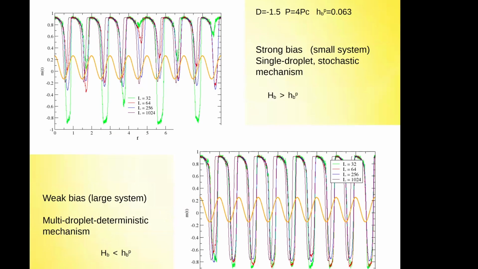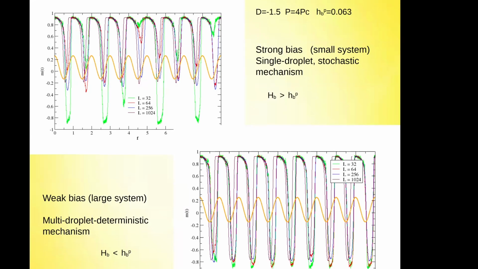Here, for example, in the first one, we plot the magnetization versus time for different cycles of the field for different sizes. When the bias is a strong one, I mean the bias is larger than the peak, notice clearly that for a small system, the behavior is kind of more random.